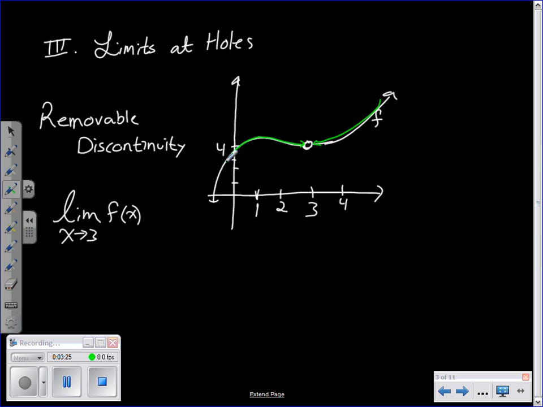My function's clearly not continuous at x equals 3, but as I approach 3 from both sides, my y values are converging to 4. So I could say the limit as x approaches 3 for f of x is going to equal 4. Limits are always going to exist at removable discontinuities, which show up on function graphs as holes.